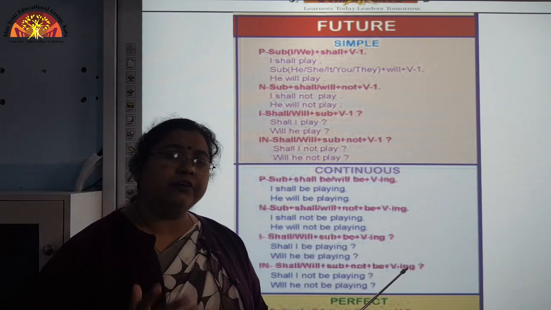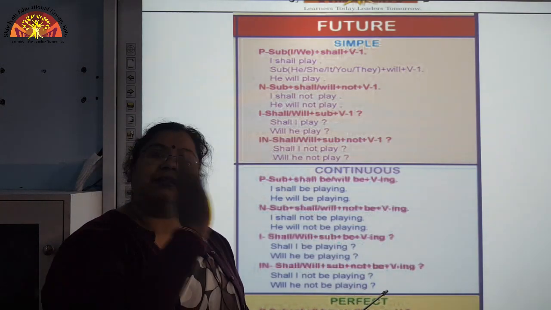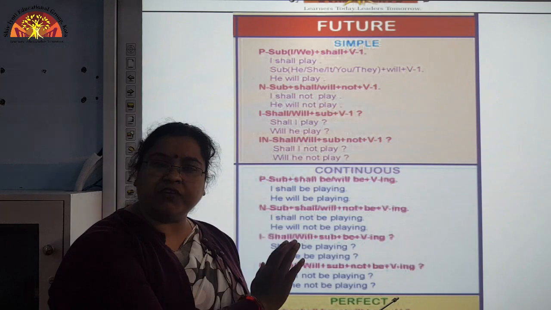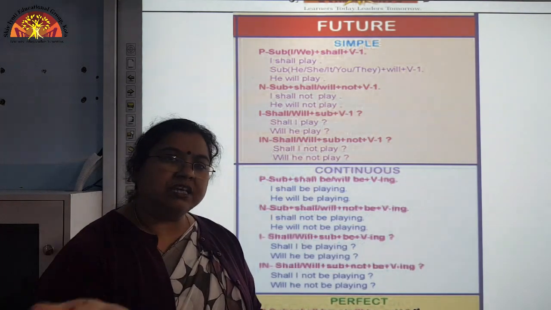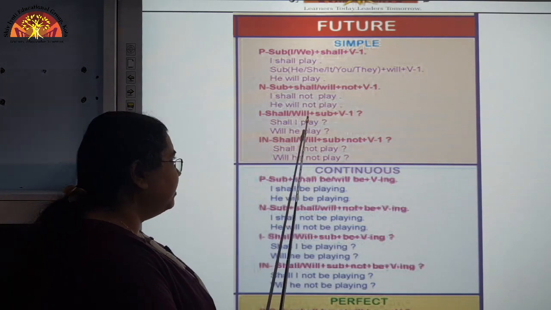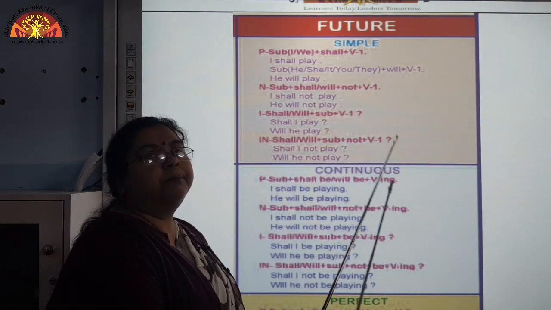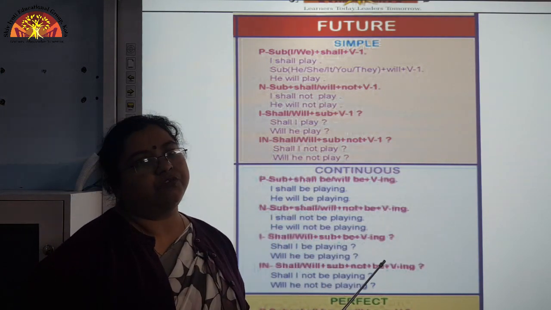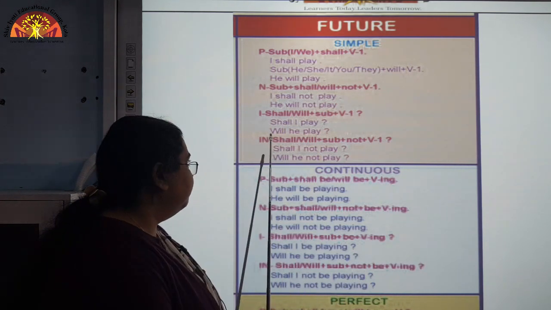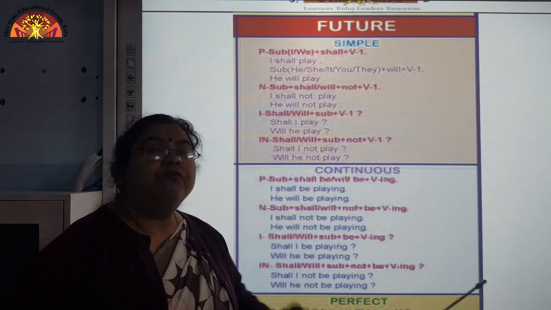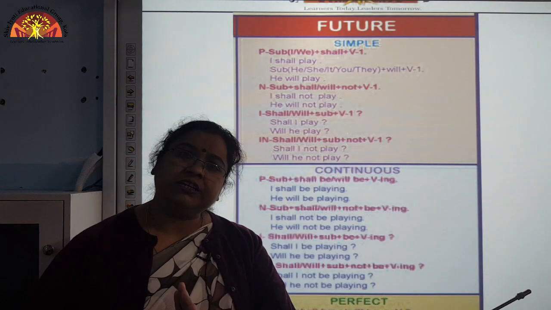Now, interrogative sentence. In an interrogative sentence, again we will bring the helping verb or the modal first, and then it will precede the subject. So, shall or will plus subject plus verb first form. So, shall I play? Will he play? Will she write a letter?